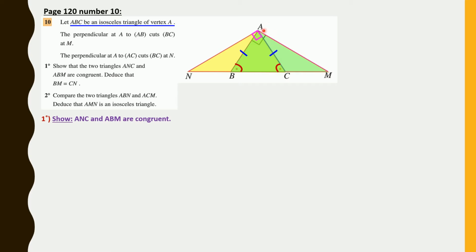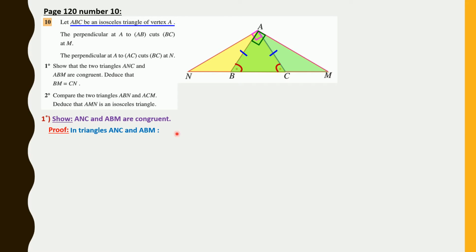And since AM is perpendicular to AB, we can claim that angle BAM is equal to 90 degrees. So we found our third evidence. These two angles are equal to 90 degrees each. Now let's write the proof.